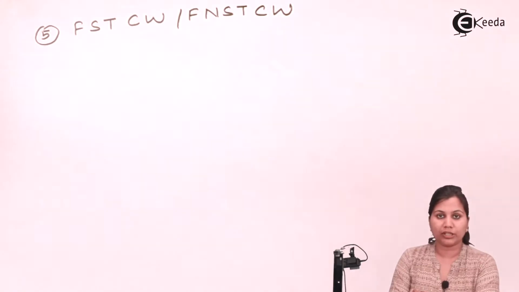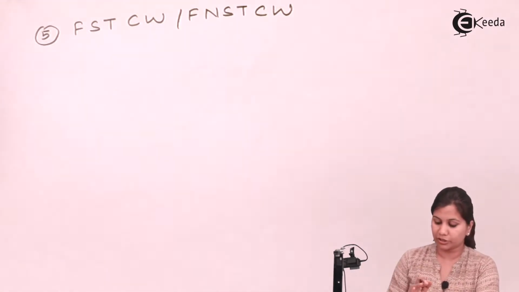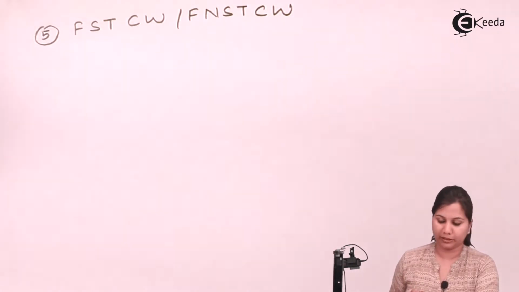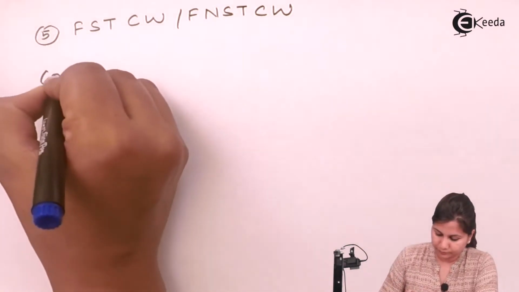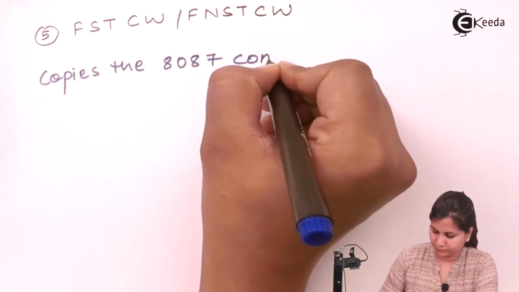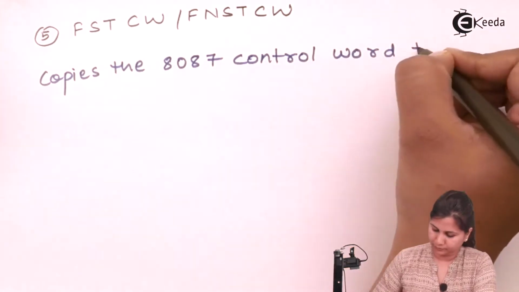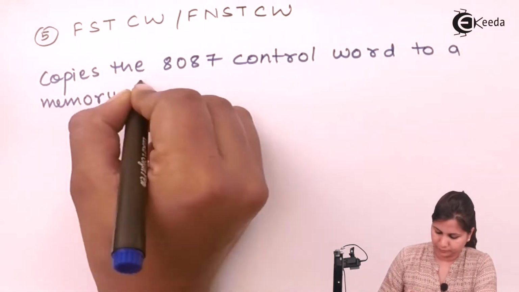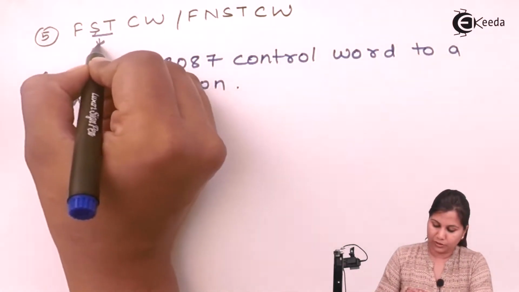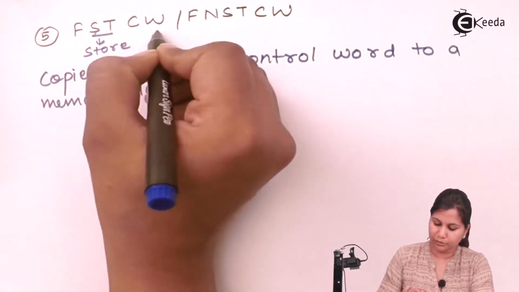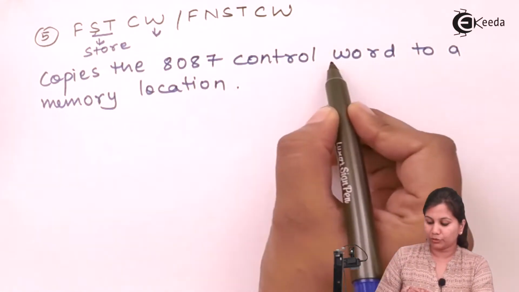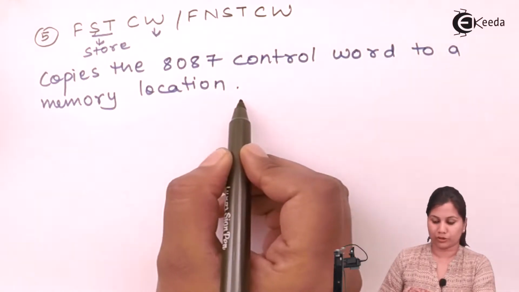In the earlier instruction the control word is loaded; here in this instruction, the control word is stored at some memory location. ST is for store and CW is for the control word. So it is going to copy the control word to a memory location.